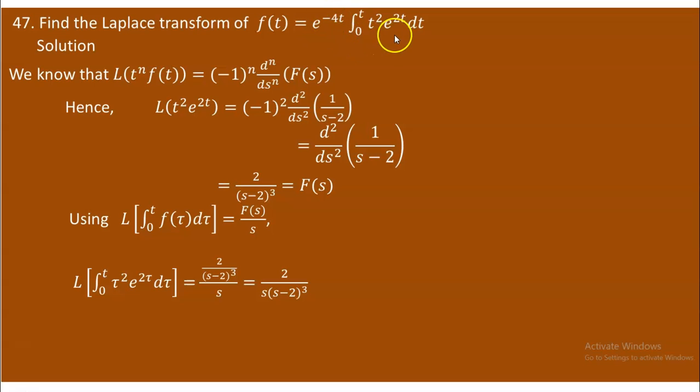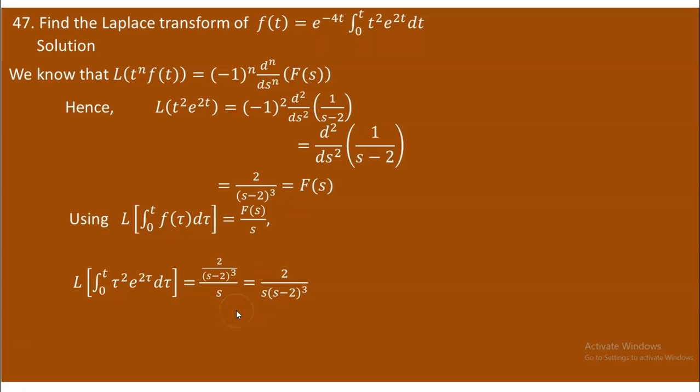And remember, we said that if you are able to determine the Laplace transform of this one as F(s), then the Laplace transform of this one together with the exponential is a matter of putting s plus 4 in place of s in the obtained Laplace transform of this function, because we are multiplying by e to the power of minus 4t. So in place of s in this expression, we are going to put s plus 4, right?